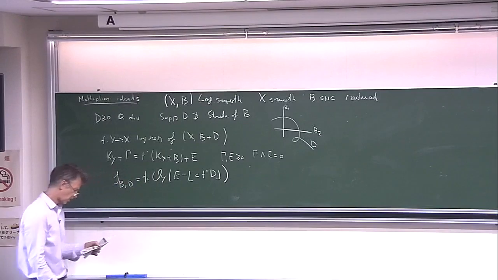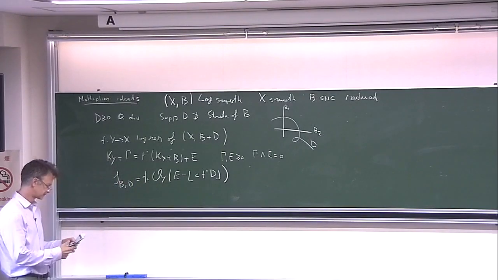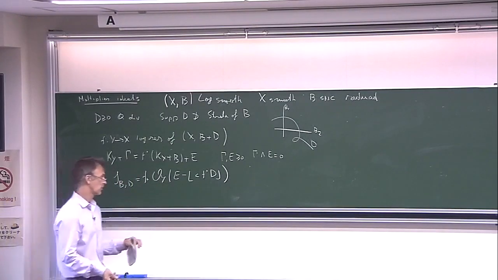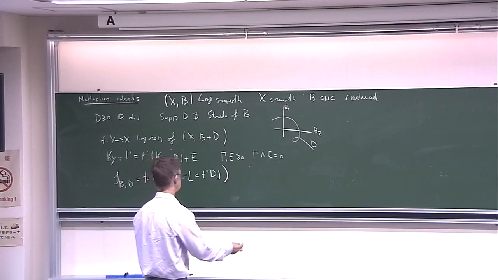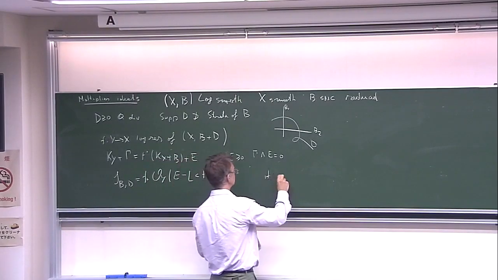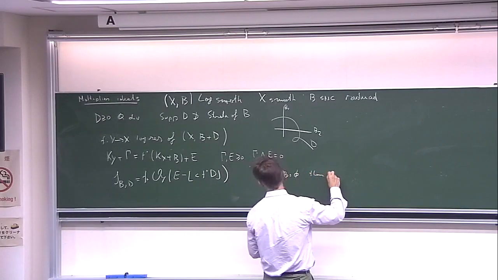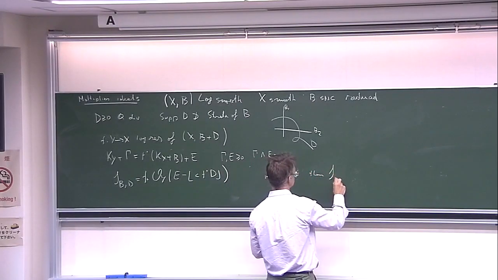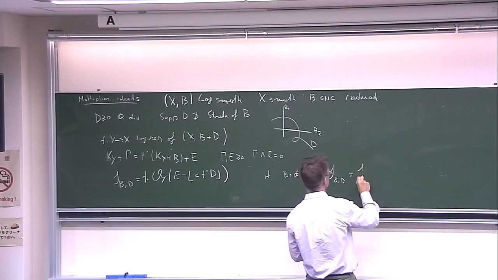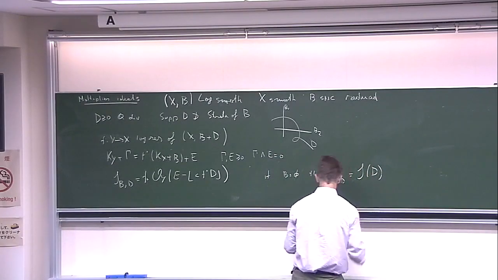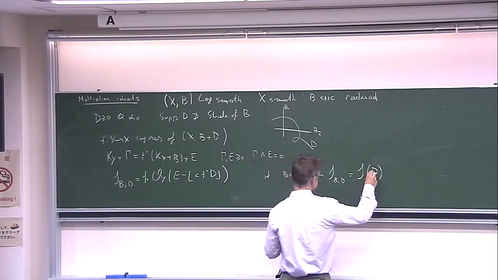Okay, so maybe what you're mostly used to is if B is empty, then this ideal is just the usual multiplier ideal sheaf of the divisor CD.